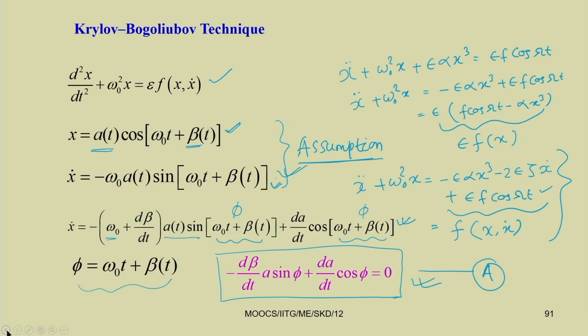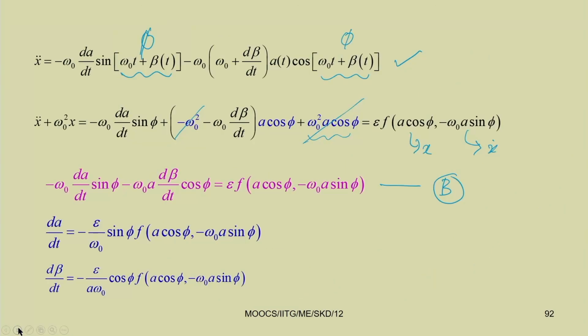So we have two equations. Minus d beta by dt a sin phi plus dA by dt cos phi equal to 0, and another equation: minus omega 0 dA by dt sin phi minus omega 0 a d beta by dt cos phi equal to epsilon f of a cos phi minus omega 0 a sin phi.